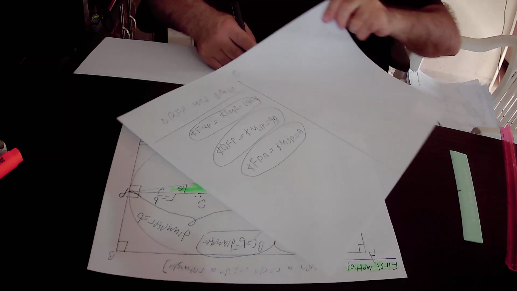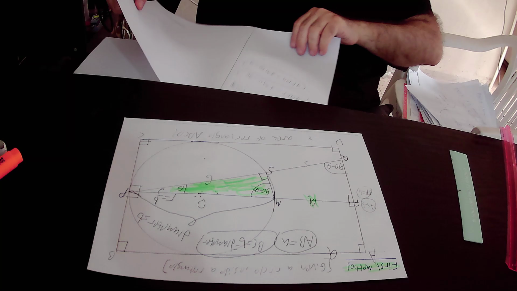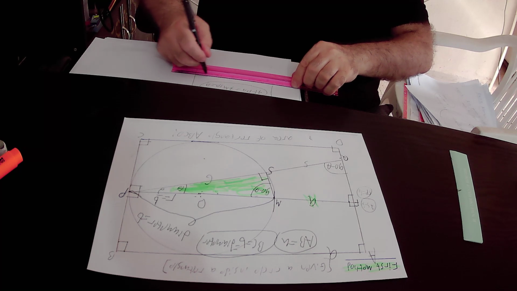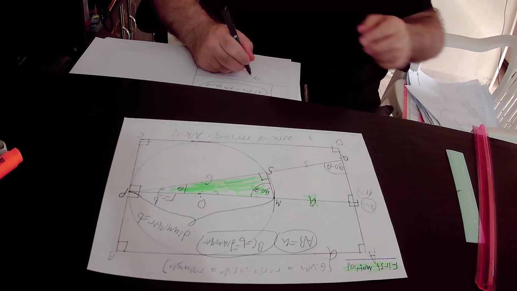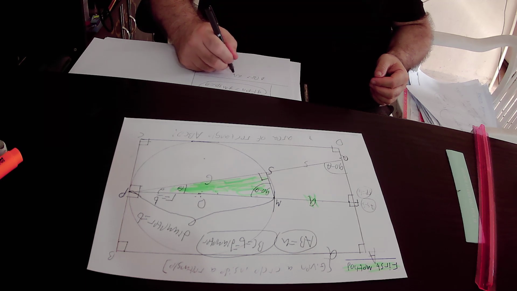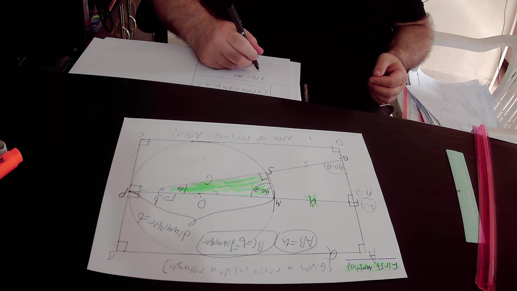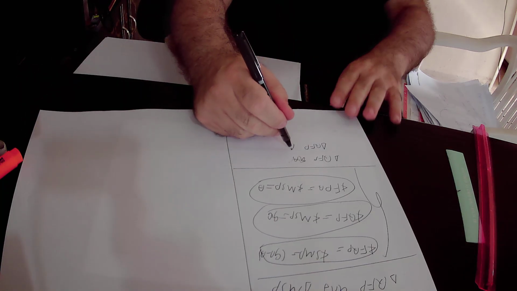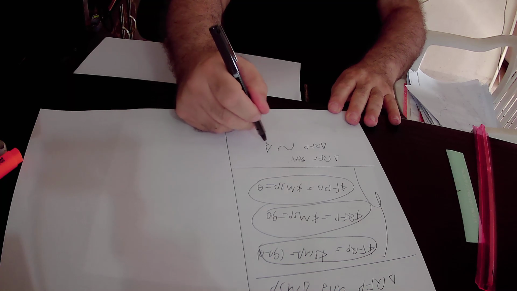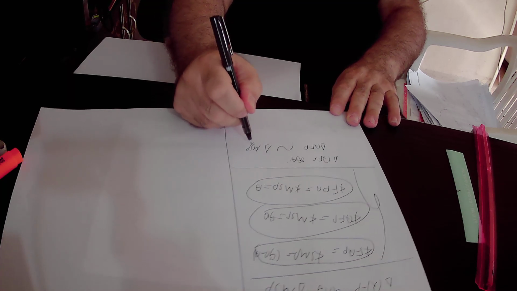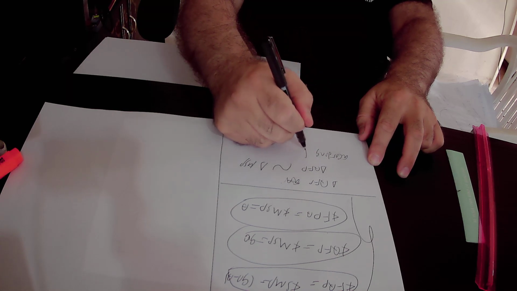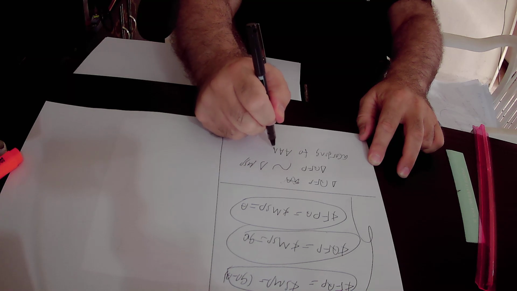They are both angle theta with two different names. So I found out that the big right triangle QFP is similar, this is the sign of similar, to the small right triangle MSP, according to the angle similarity rule.